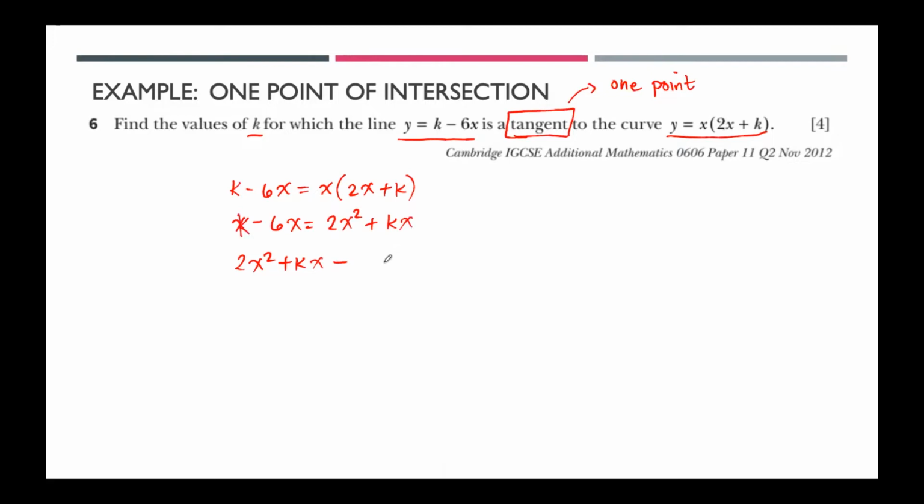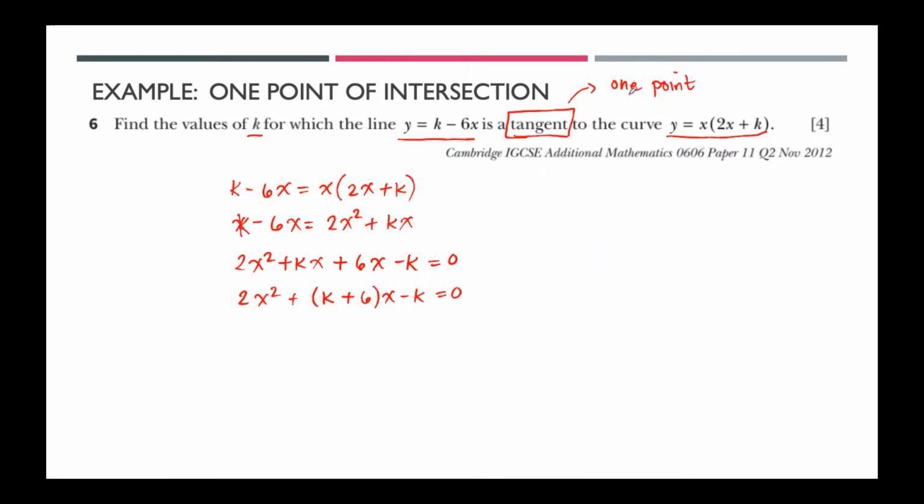So that will give us plus 6x minus k is equal to 0. This is 2x squared plus, we can factorize x, so that gives us (k plus 6)x minus k is equal to 0.